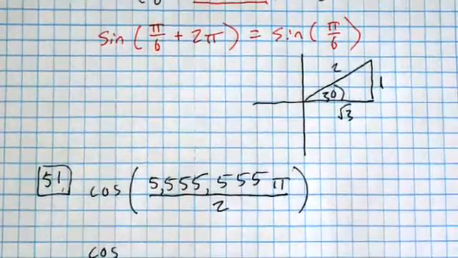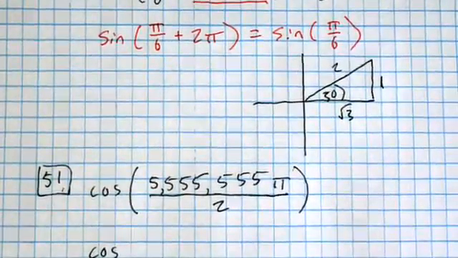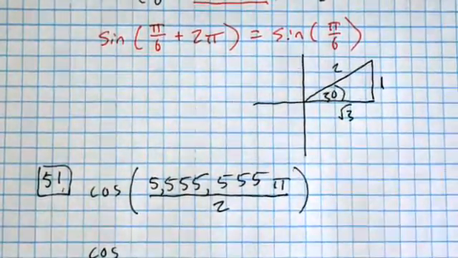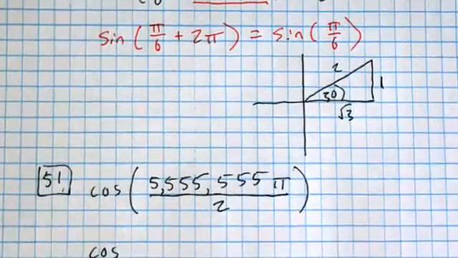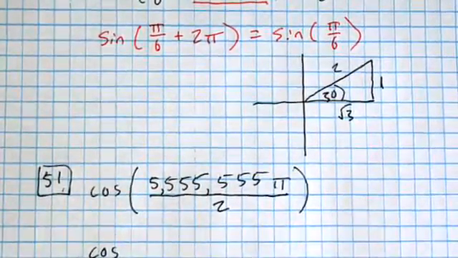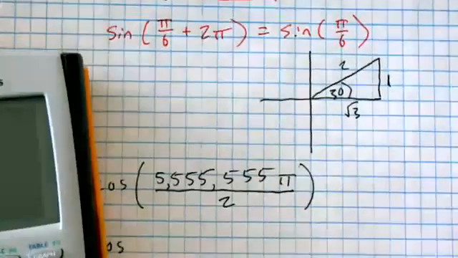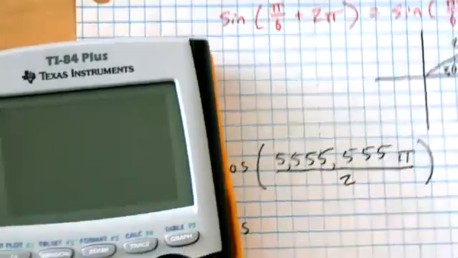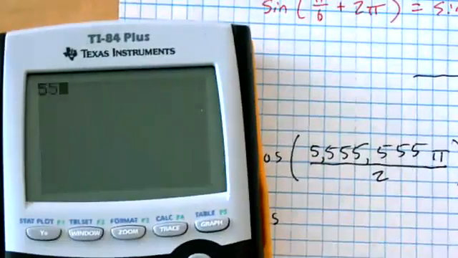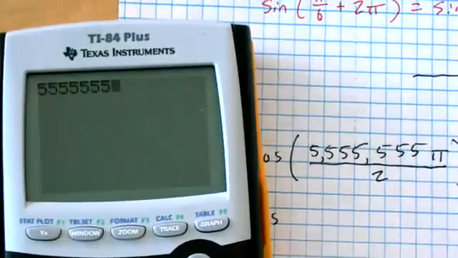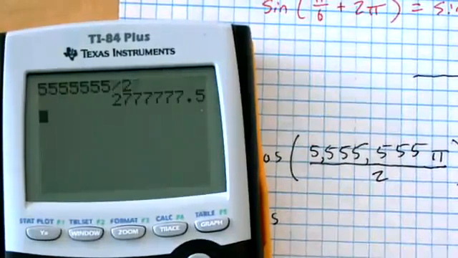What would you get? Well, you got your calculators? Get your calculators out. We're going to be using them a bunch today. I feel like we should be able to do this in our head really quickly, but it's all right. Divided by 2. That is this.